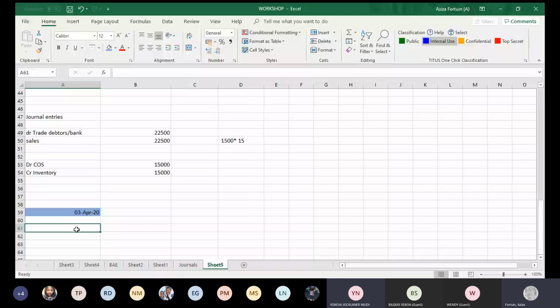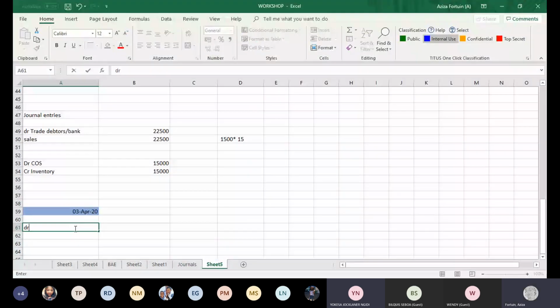So we're going to have two accounts involved: trade payables, and we are also buying inventory. Am I correct? Yes. So we're going to credit trade payables and debit the inventory account.